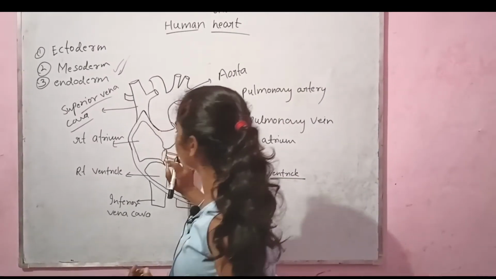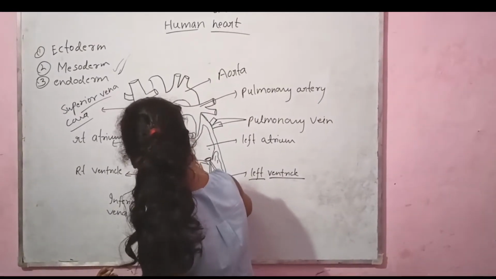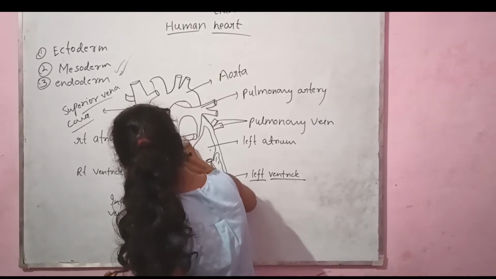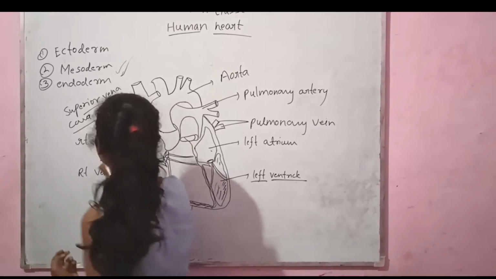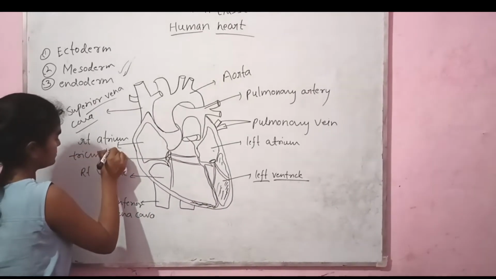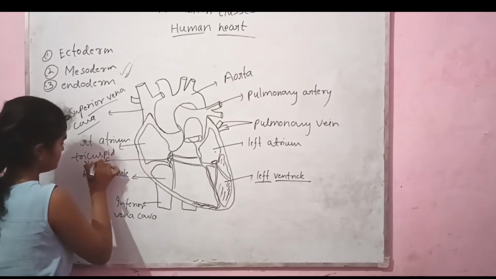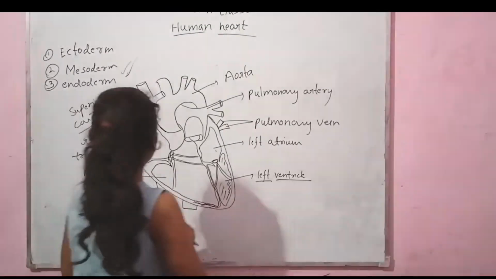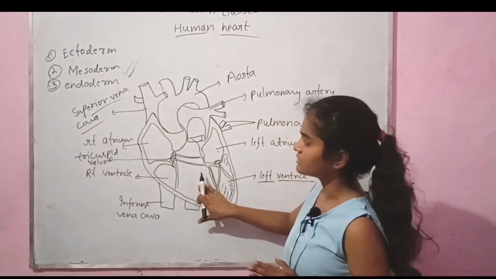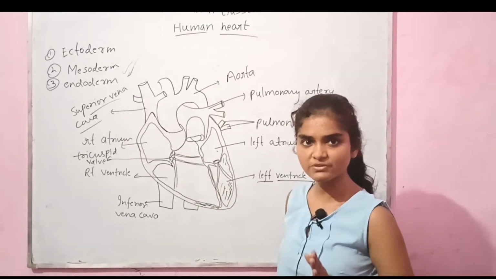Here is the tricuspid valve. We draw it like this. Between the right atrium and right ventricle, we have a valve called the tricuspid valve.